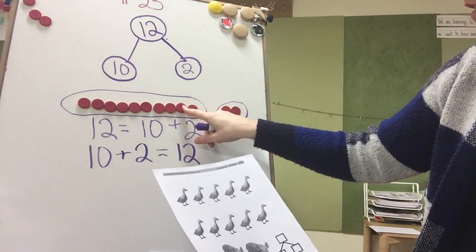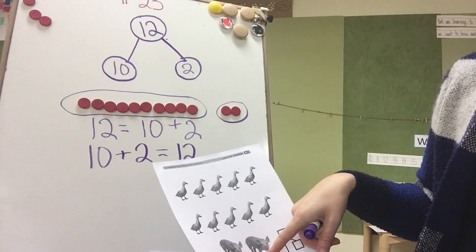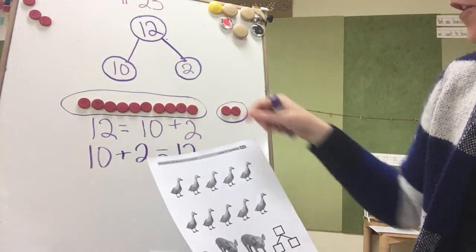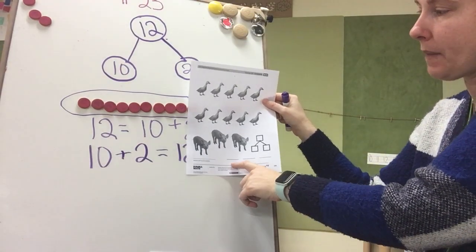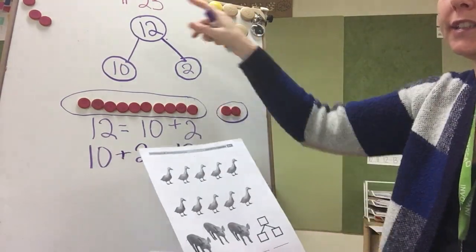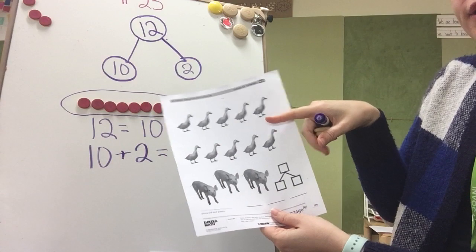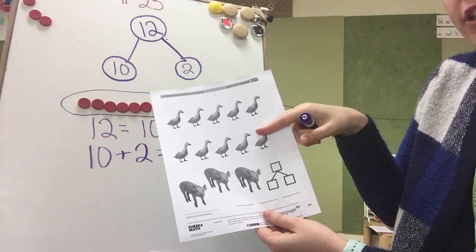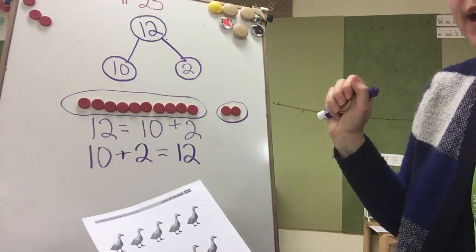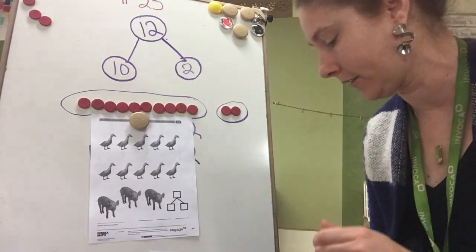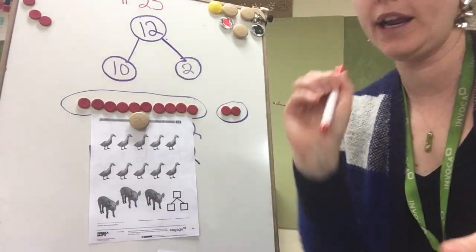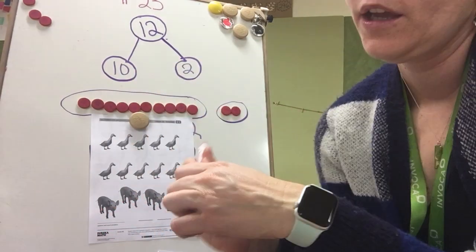The geese and the pigs are instead of the red dots. We have a number bond to fill in, and we have a math sentence to write. So it's the same information. This one's just using farm pictures instead of the red dots that I used. So now that we have definitely set ourselves up, grab that paper and grab a writing tool.